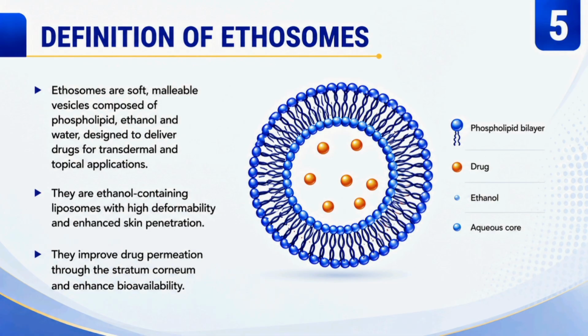Therefore, ethosomes are not simply conventional liposomes with ethanol added. Their improved transdermal performance mainly results from the combined effects of vesicle deformability, ethanol-skin interaction and enhanced drug partitioning and transport. Okay, so historical background.